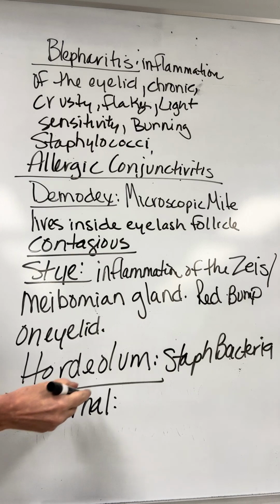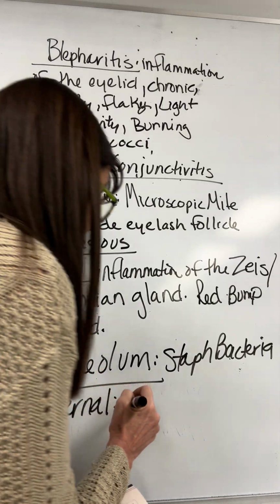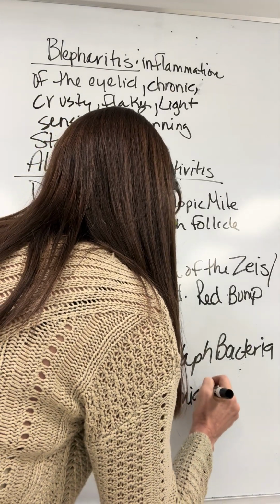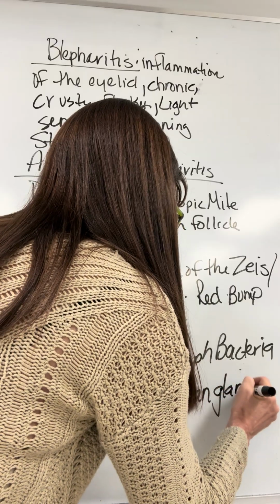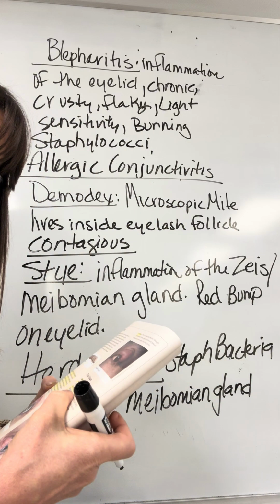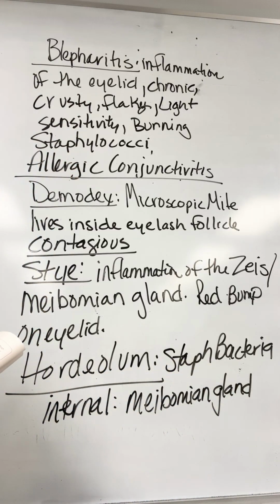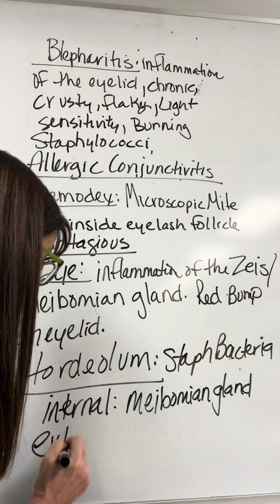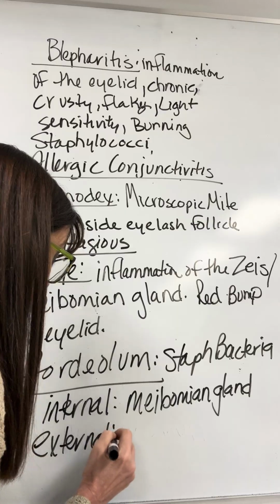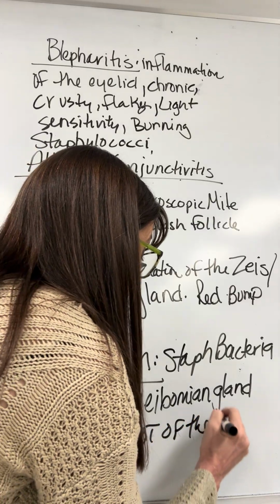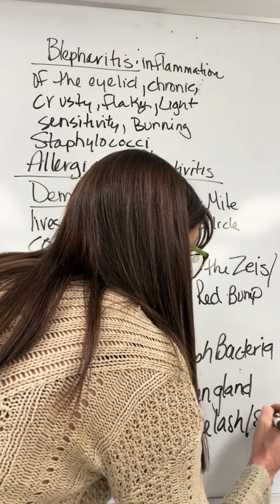Internal is when it is in the meibomian gland, which is an oil gland, and external is when it is in the root of the eyelash or in a sweat gland.